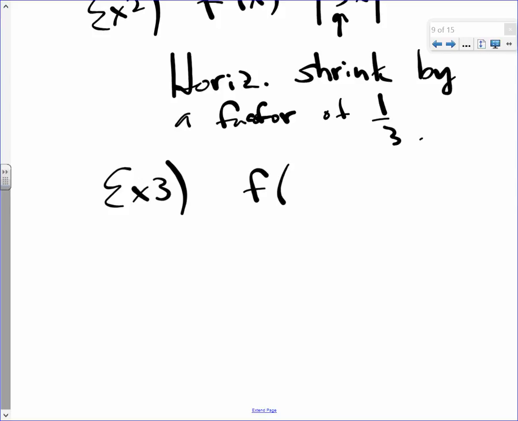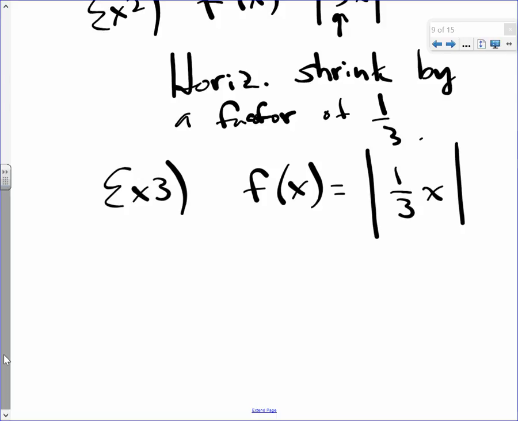f of x equals absolute value of 1/3 x. So are we dealing with horizontal or vertical? Horizontal.